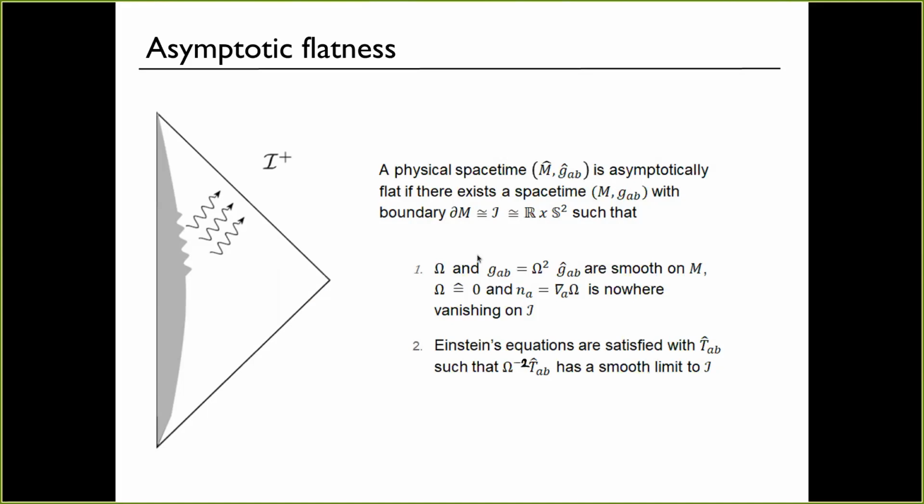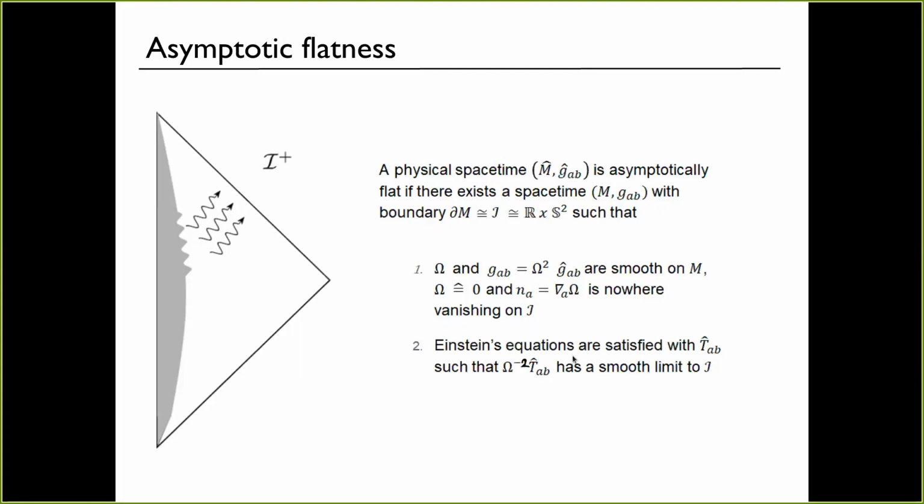Now, up until this point, point 1 is essentially just pure math. There's no physics involved. It's just differential geometry. The physics comes in the second part of the definition. And that is, of course, that we're not just interested in any manifold. We want to describe solutions within GR. So, of course, we need that Einstein's equations are satisfied. But we don't want all solutions to GR.